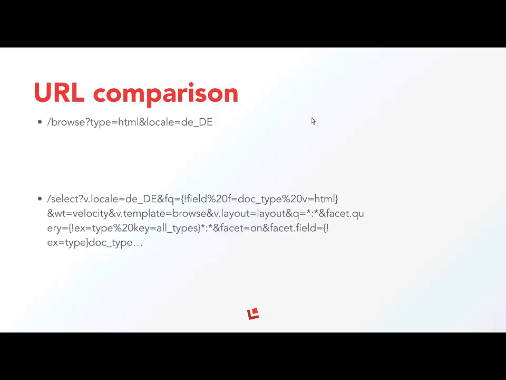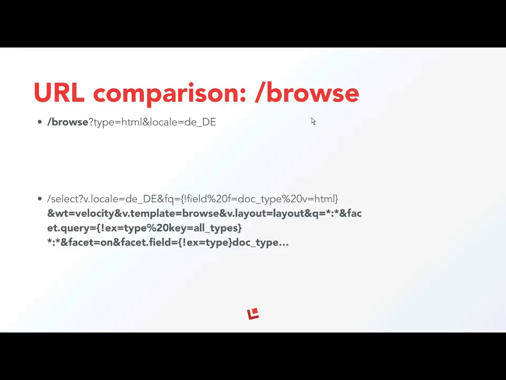So on the /browse side of things, /browse takes care of all of the parameters that you see in that bold section of the /select aspect here. So it sets the writer type to velocity, it sets the template, the layout, defaults q to *:* to match all documents, and it has a lot of faceting stuff turned on, a lot of parameters that just get carried along for the ride as part of that /browse definition.